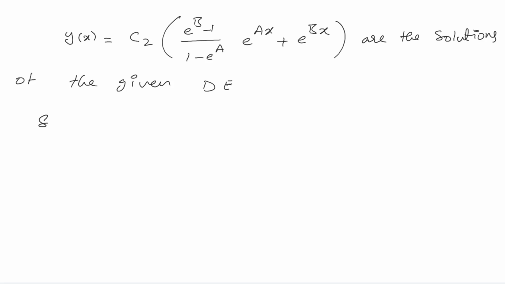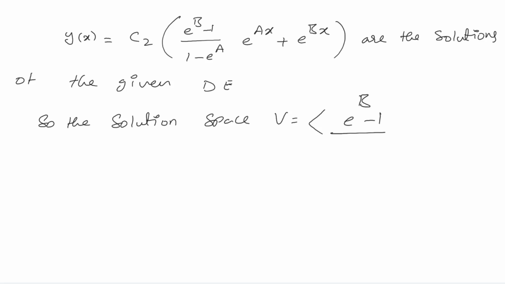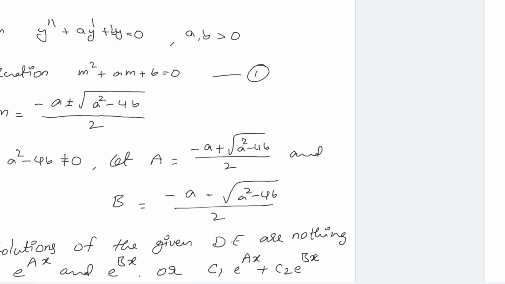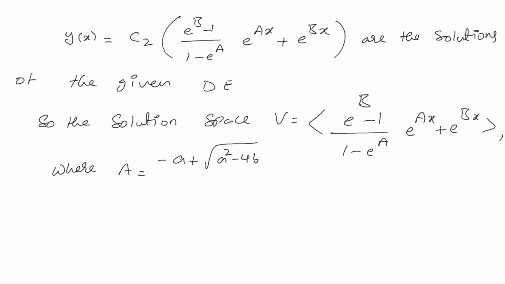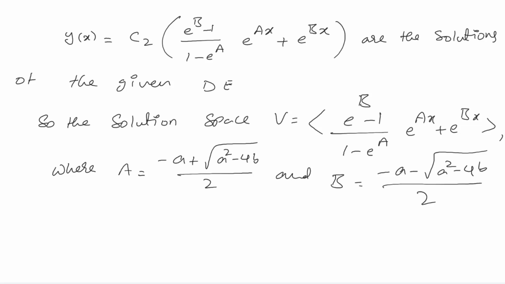So the solution space, as given, V is generated by the vector (e to the power of b minus 1) divided by (1 minus e to the power of a) times e to the power of ax plus e to the power of bx, where a is (minus a plus square root of a square minus 4b) divided by 2, and b is (minus a minus square root of a square minus 4b) divided by 2.